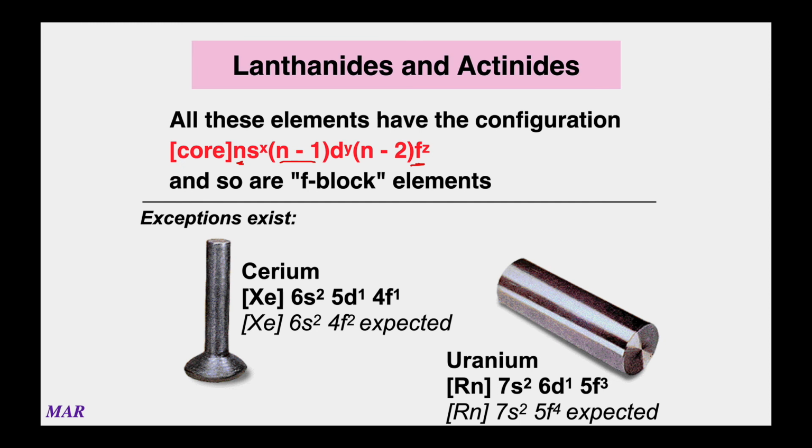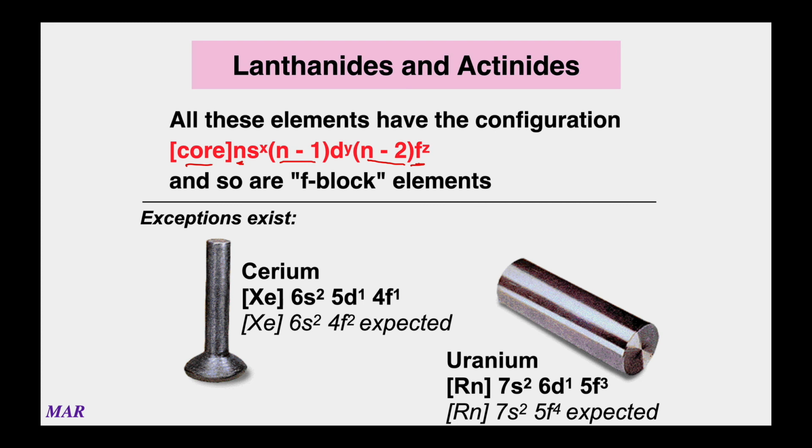So for example, titanium we saw had an argon core, it was 4s2, and then N minus 1 would be 3d2 in titanium's case. Well, with lanthanides and actinides, you do the same kind of thing, but it's N minus 2. So if the period number was, say, 6, you would go 6 minus 2 to see that it was a 4F element you were filling in. There's 4Fs for lanthanides and 5Fs for actinides.